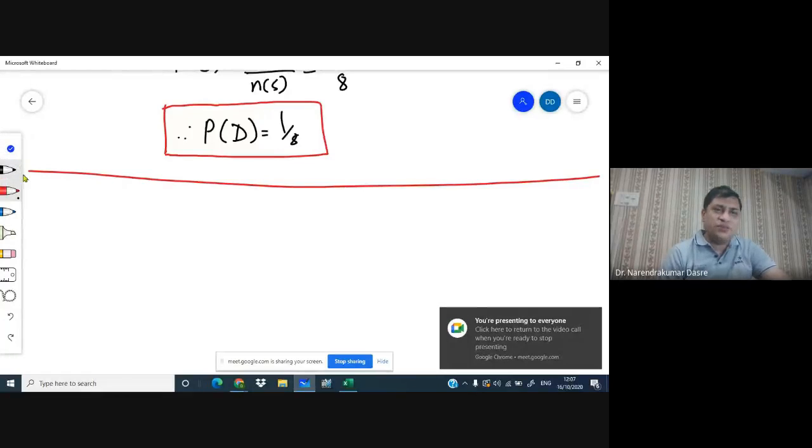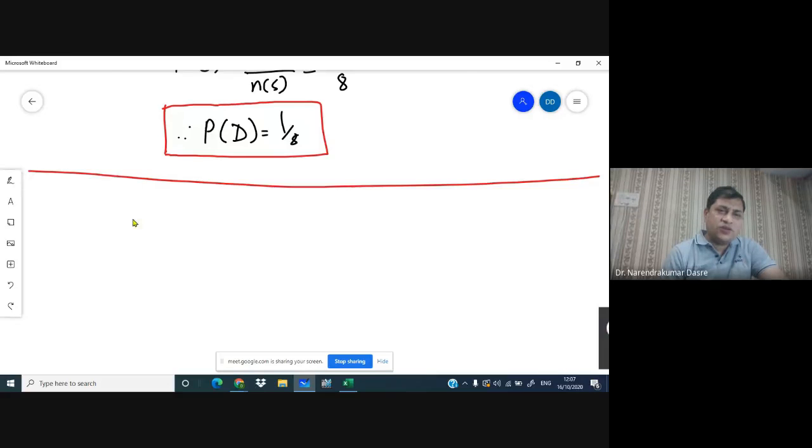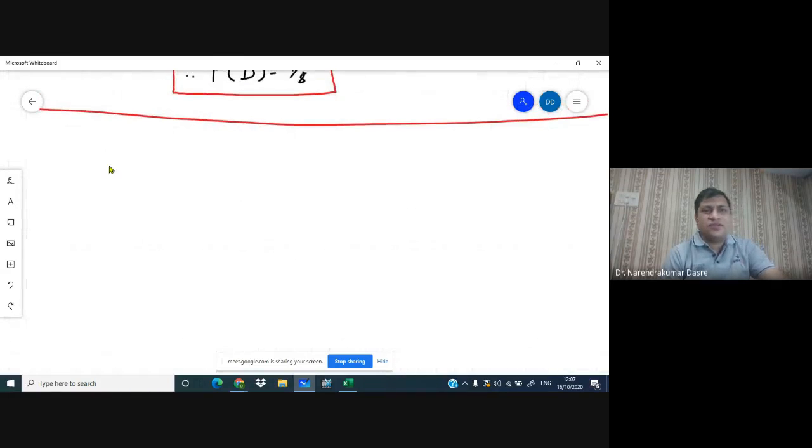That's great, no problem. We'll go for another example then. Now we have seen this coin tossing experiment where we tossed the coin 3 times.